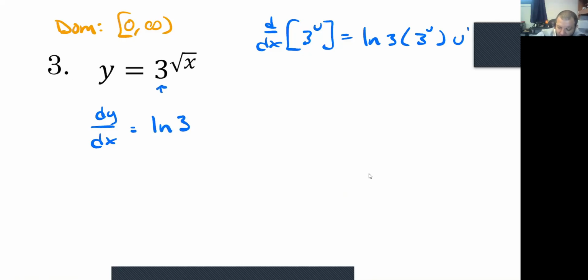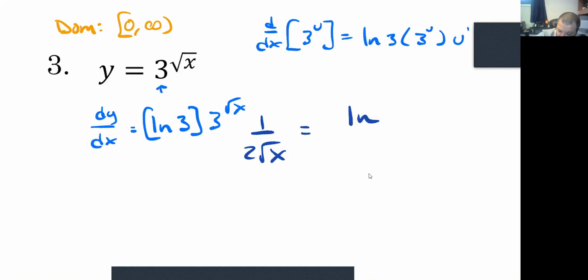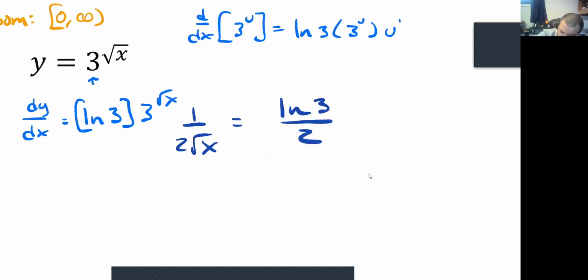We're going to take the same function, right, so we're going to have 3 raised to the x, and then we have to take the derivative of the square root of x, which is going to be 1 over 2 radical x. All right, so here's going to be our function, right? We can say that we have natural log of 3 over 2, right? That's our constant. 3 raised to the x over the root of x.